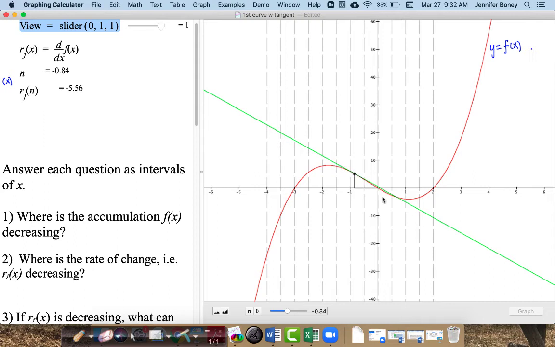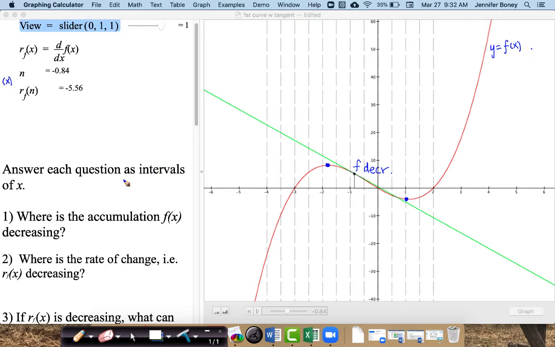When I'm going downhill, visually speaking, that's this accumulation decreasing. So just looking at this best guess-wise, let's say around boundary values are the top of the hill and the bottom of the hill. So between those two blue dots that I just put on here, f is decreasing.